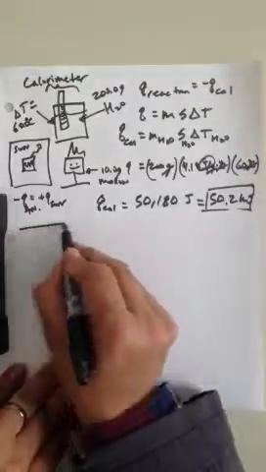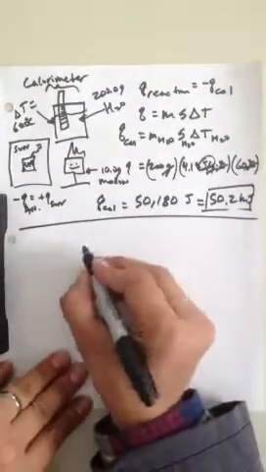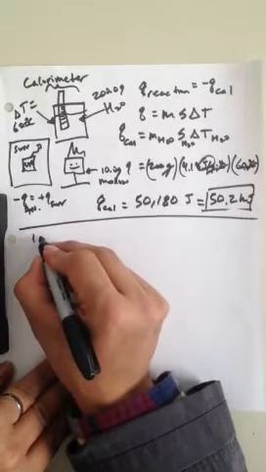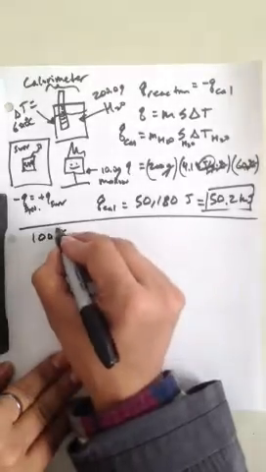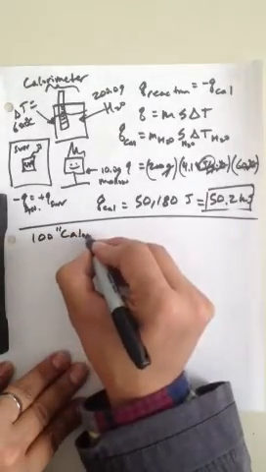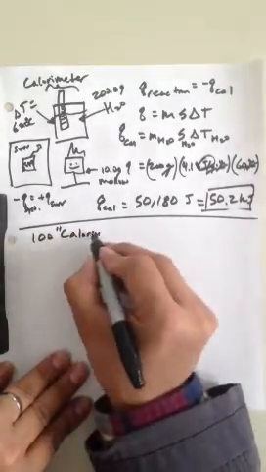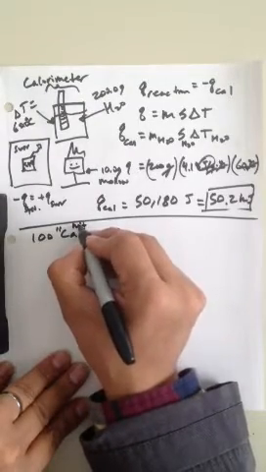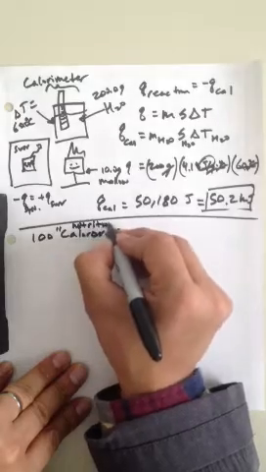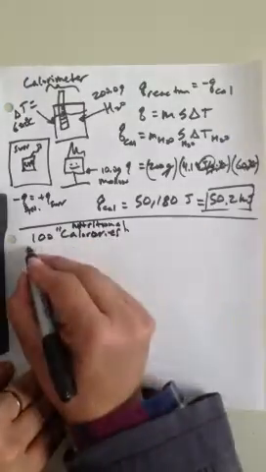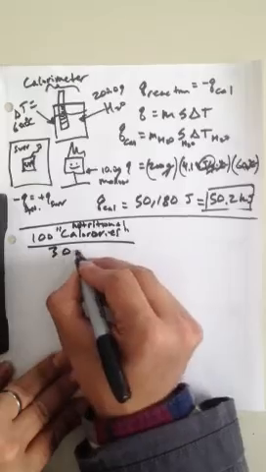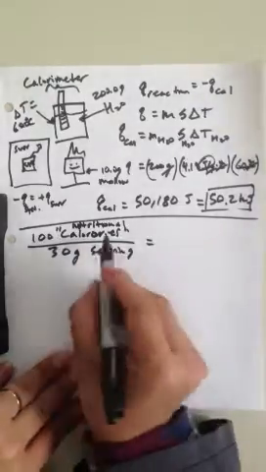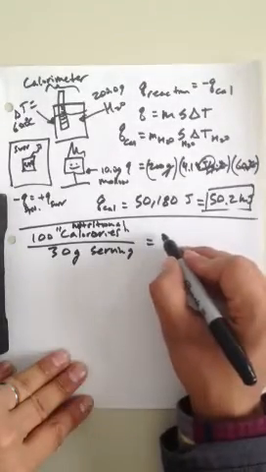Now we want to compare it to the package, and the package says that for every 30 grams you get 100 nutritional calories. Just know that a nutritional calorie is actually a kilocalorie.